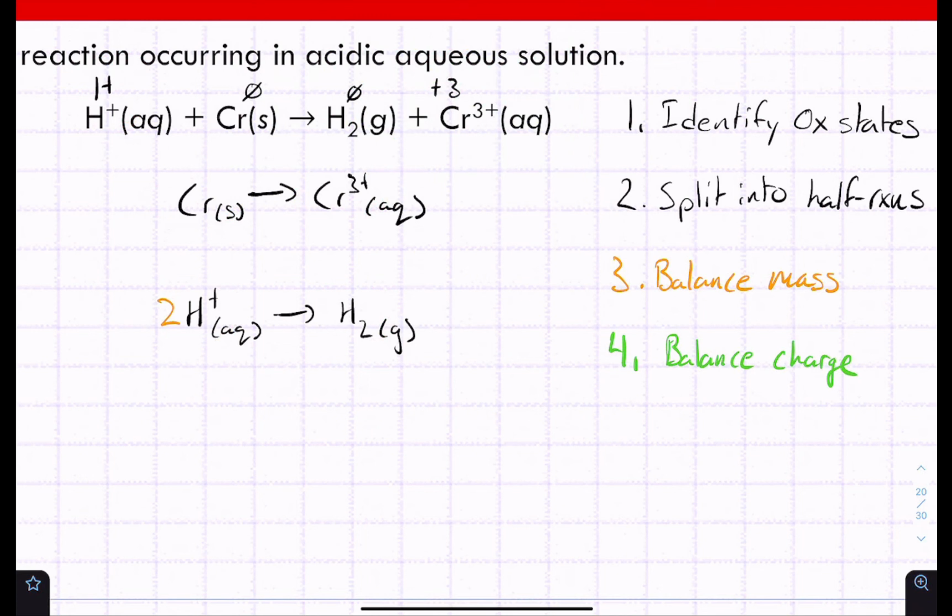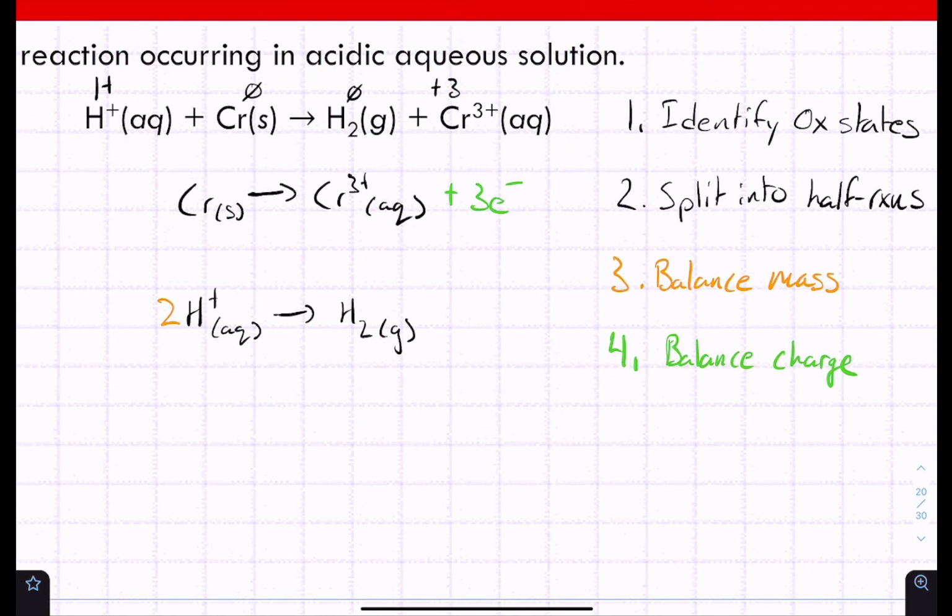So we have to add it to the right side. And we're going to add 3 electrons, because that's 3 negative charges. So you can think of, for every electron you're adding, you're subtracting 1. Yes, it is confusing, and it was always confusing for me too. I just had to think about it twice.